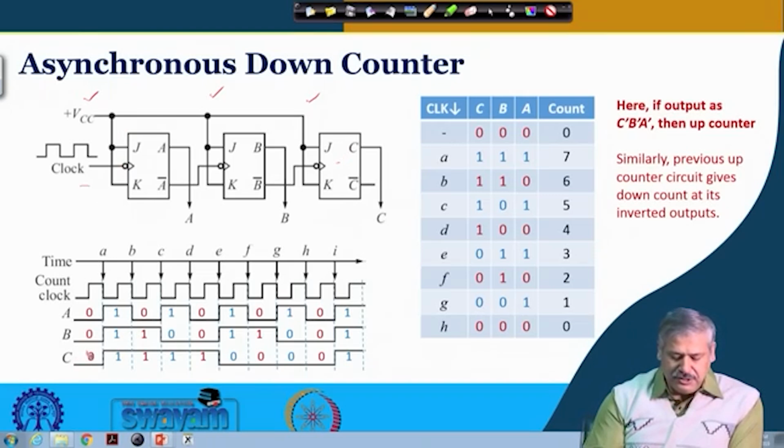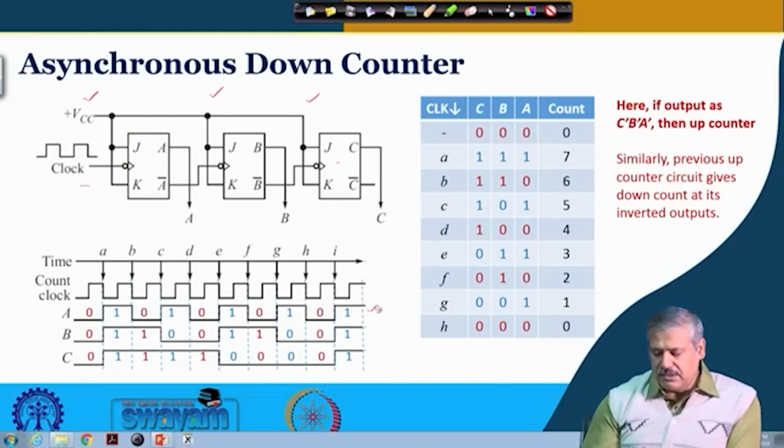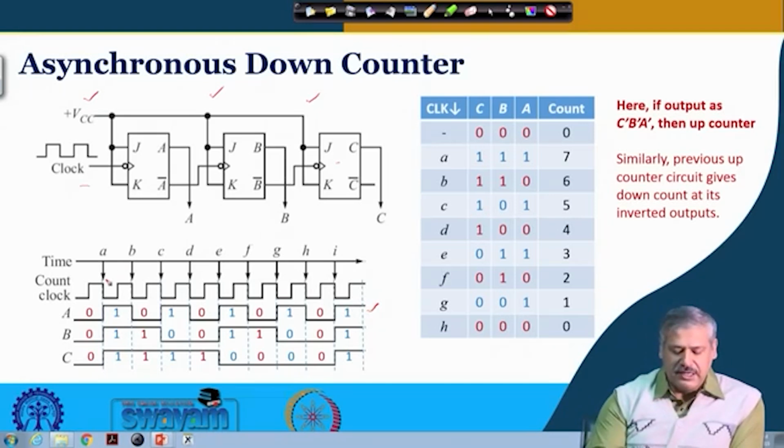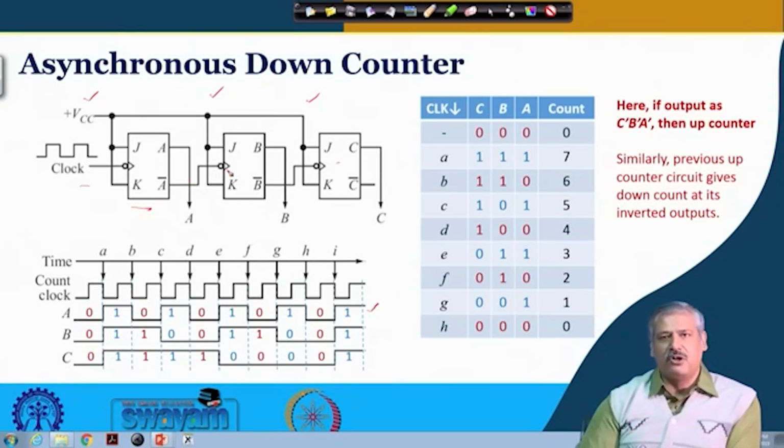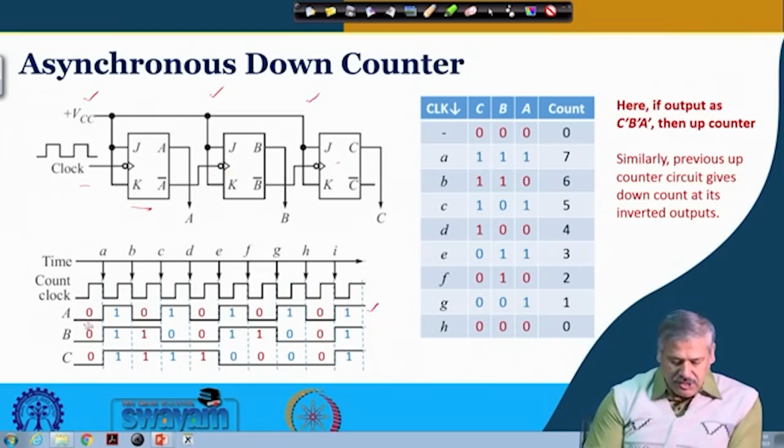So by this what happens? The initial state is 0 0 0 and A will toggle on every negative edge of the clock, that is for sure. This is the first flip flop, so that is 0 1 0 1, what you see for A, which is similar to what you had seen before. Now because A bar is fed as clock, what happens? It will change at the negative edge.